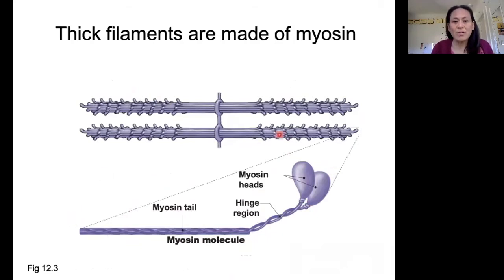And they will line up parallel to each other such that they are anchored to one anchor point. It's called the M line. So that's what a thick filament is. This is a thick filament, a couple hundred myosin molecules in a thick filament.